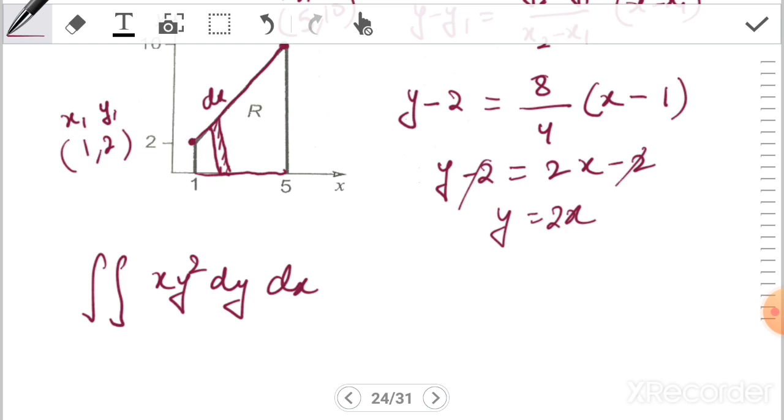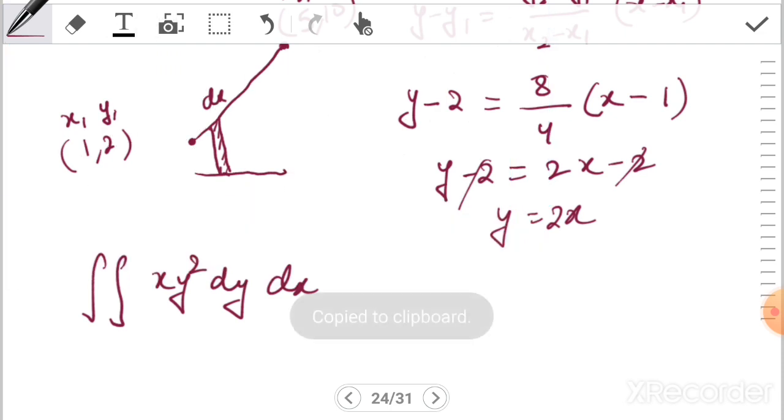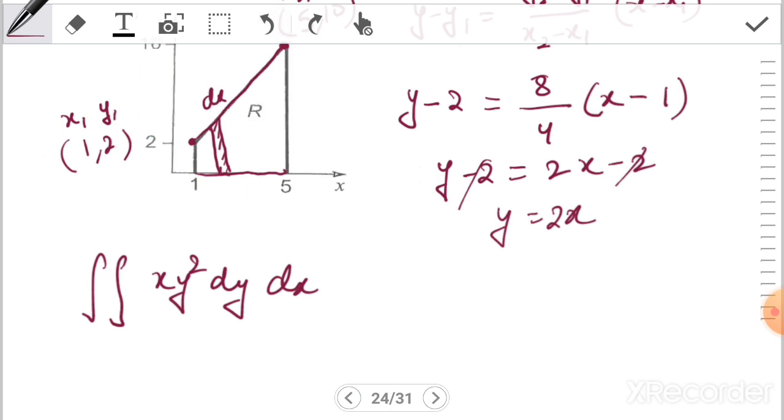Where y varies from 0, so the lower limit is 0 and the upper limit is 2x. So y is equal to 0 to 2x. So y is the dependent variable and x is constant. So x varies from 1 to 5. Right?